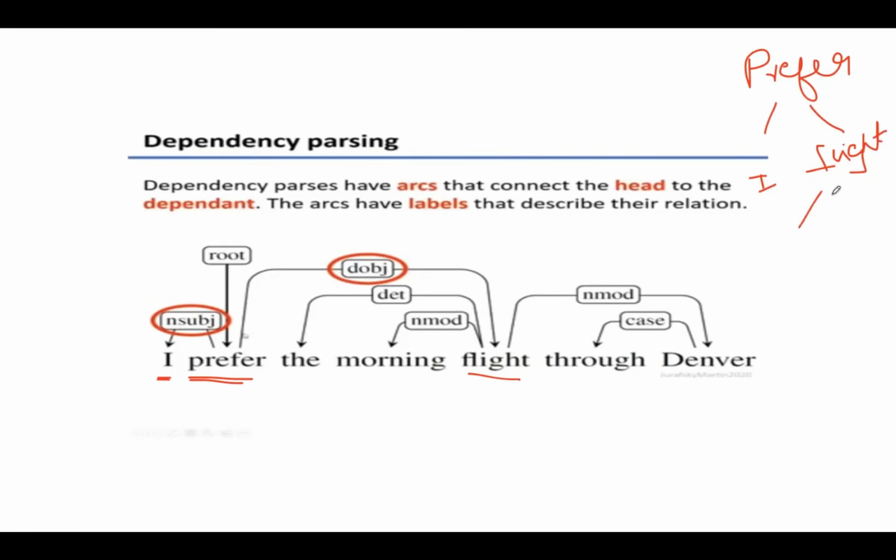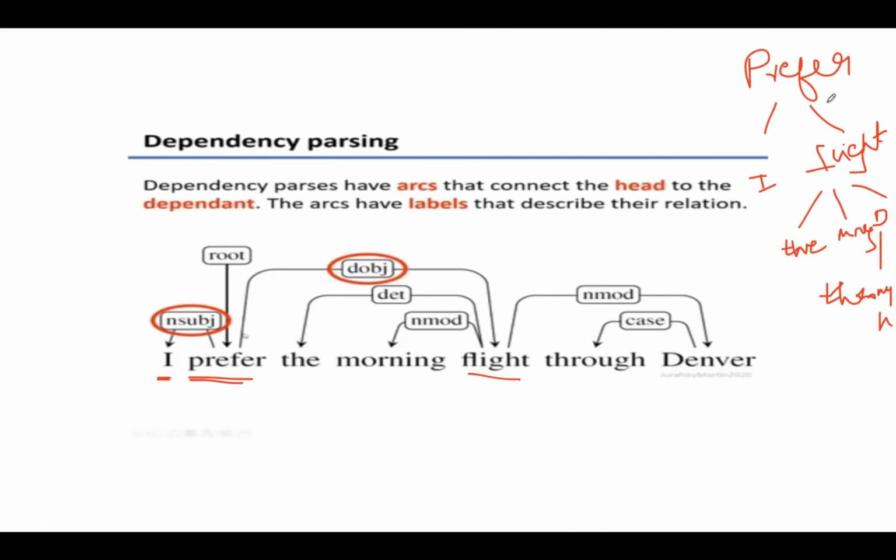And flight is again having three dependent nodes, that is the morning. Which type of flight? Morning flight. Where are we going? We are going to Denver. How are we reaching this Denver? Through. So this is the normal or simple representation of a tree.